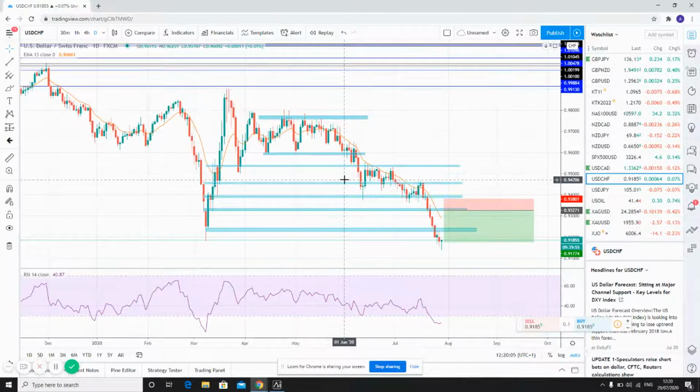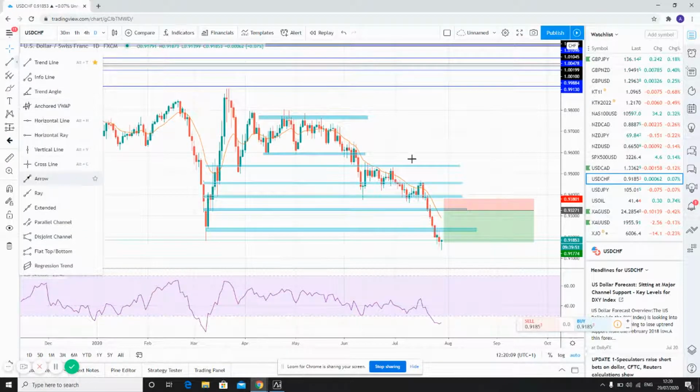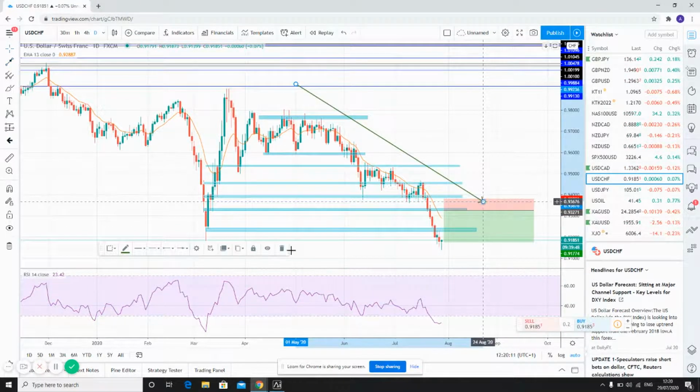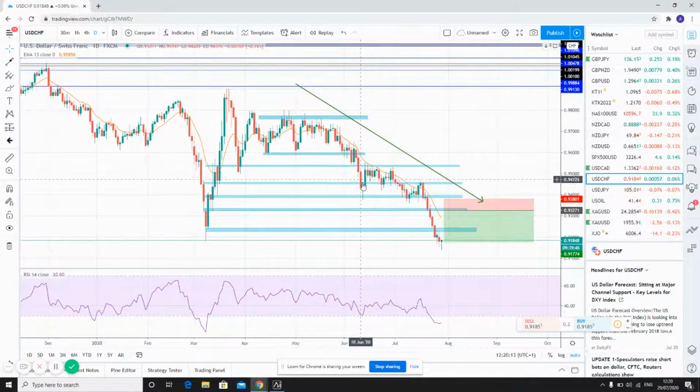So how we would be trading this, obviously, you can see that USDCHF is in a downtrend from here. So anytime we get a break of any of these levels, so we have this daily support level here. These are actually also the Fibonacci levels from this low to this high, keeping in mind we were looking to see if they would hold, but they didn't. So now we're looking at a reversal.